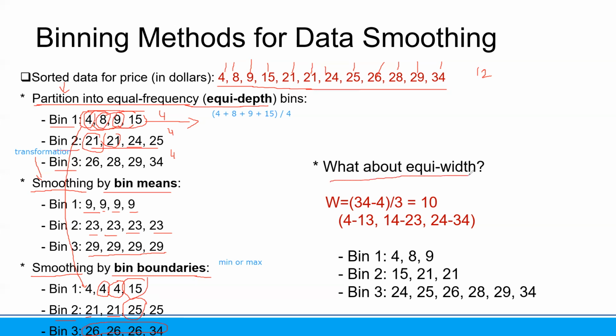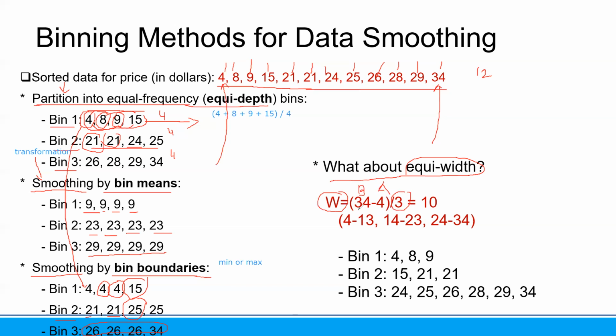What is equi-width? In the previous slide, I told you that we need to determine the W. What is the W? We have A and B. A is the minimum value and B is the maximum value. The minimum is 4 and the maximum is 34, and I want to make 3 different bins.